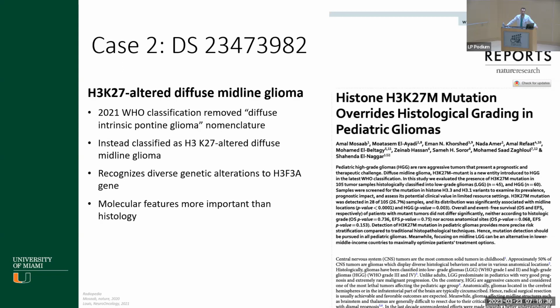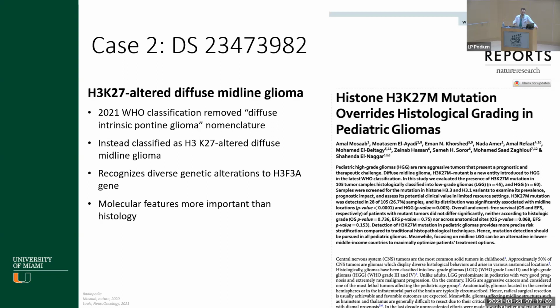Reviewing what was mentioned, the discovery of this mutation has given us a better understanding of its behavior, and they've even expanded it beyond just this mutation. In the recent WHO guidelines, other alterations to this histone seem to behave similarly to the specific H3K27 mutation. So diffuse intrinsic pontine glioma is changing to diffuse midline glioma, H3K27 altered, with a variety of different mutations to this particular histone.